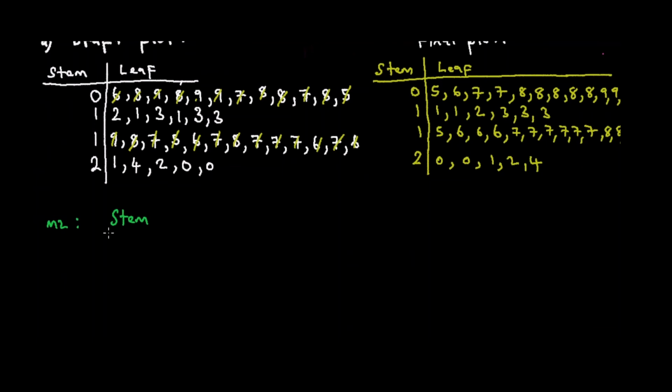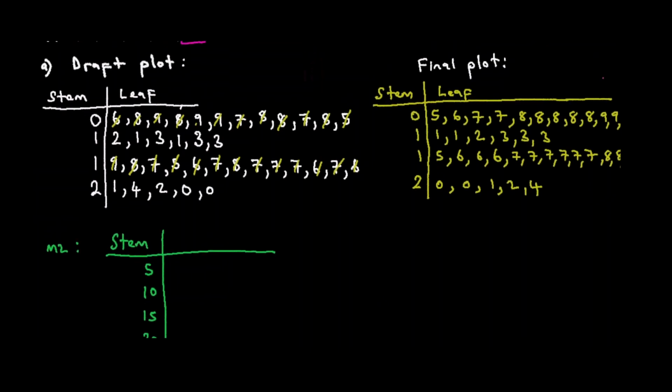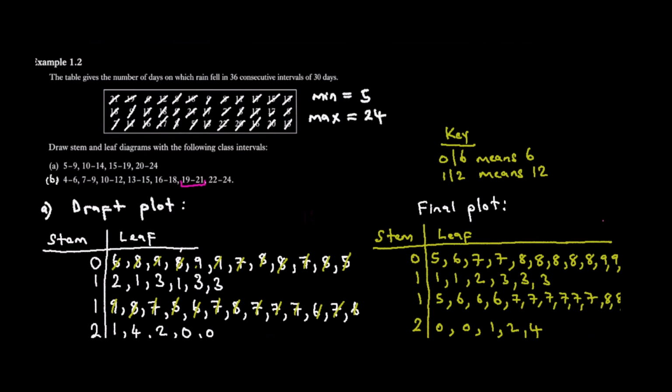So we write our stems like so: 5, then 10, 15, 20 like this. Let me bring this down.